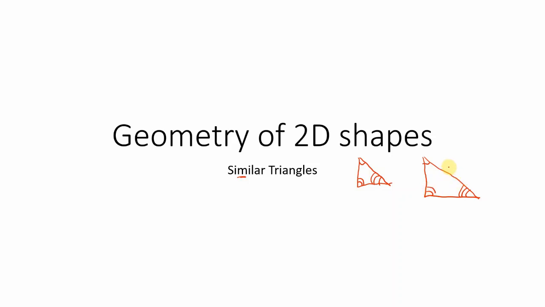Or let's say this side is 10 units and the corresponding one is 5. Let's say this side is 8 units and the corresponding one is 4 units. Let's say this one is 6 units and the corresponding one is 3. So you can see the sizes are proportional. For the big triangle, the corresponding leg is always double that of the smaller triangle.